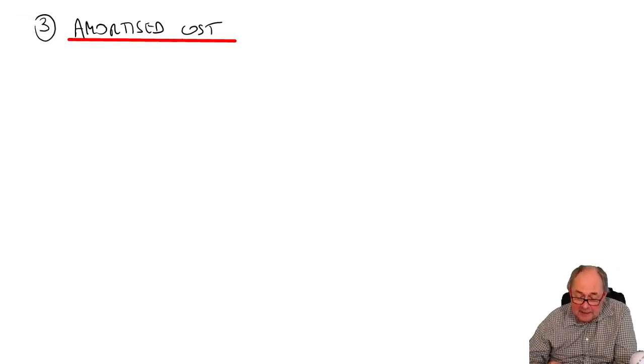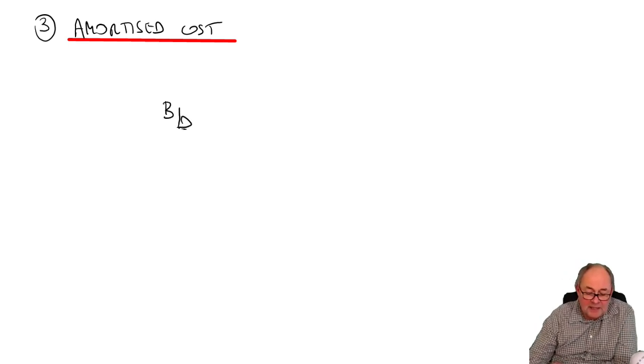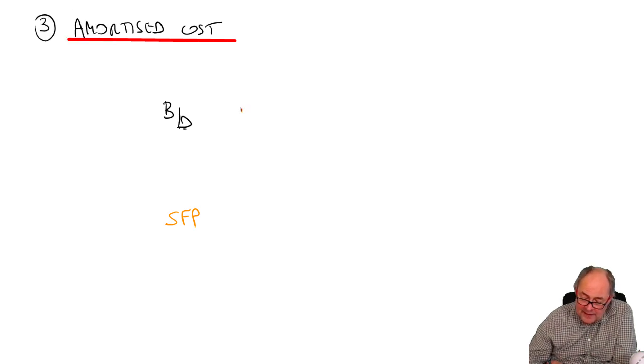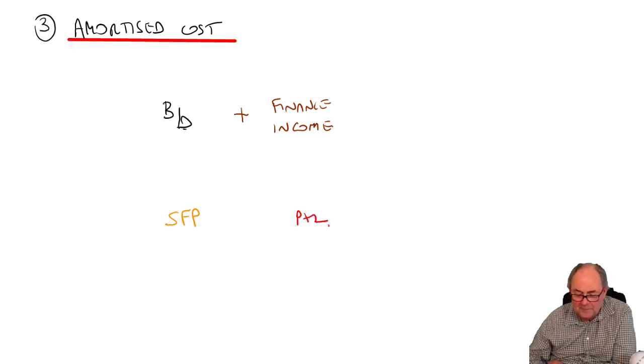Standard working is that you take the value brought down at the start of the year. That would be the figure that you would have found in the opening SOFP. You then add on any finance income. That's the figure that will go into the P&L.